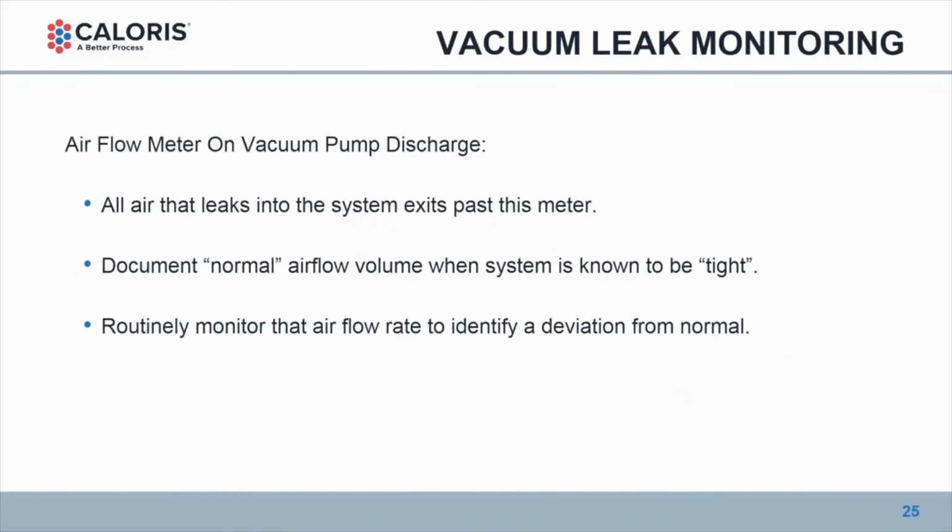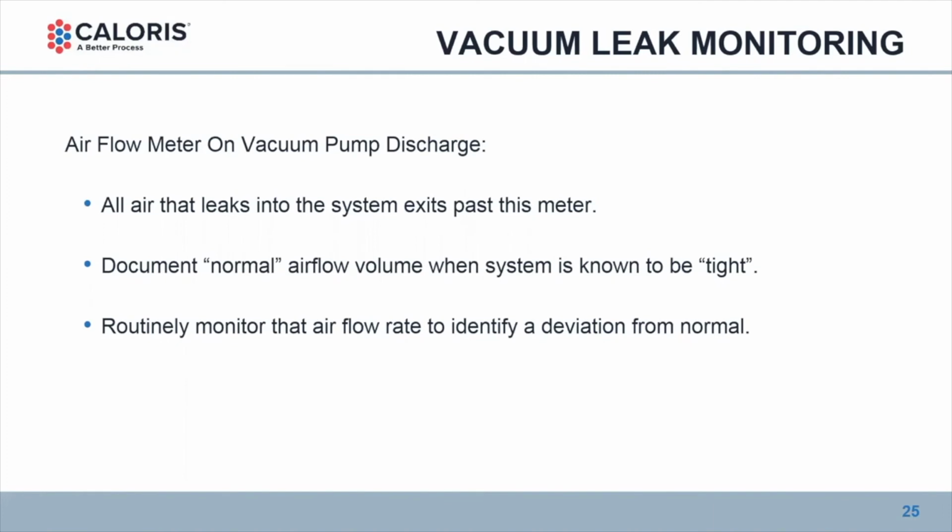Vacuum leak monitoring is something we're doing on pretty much all of our evaporators nowadays: an airflow meter on the vacuum pump discharge. Any evaporator is always going to pull a little bit of non-condensable gases through the system. So that's going to be your normal baseline on a tight evaporator system.